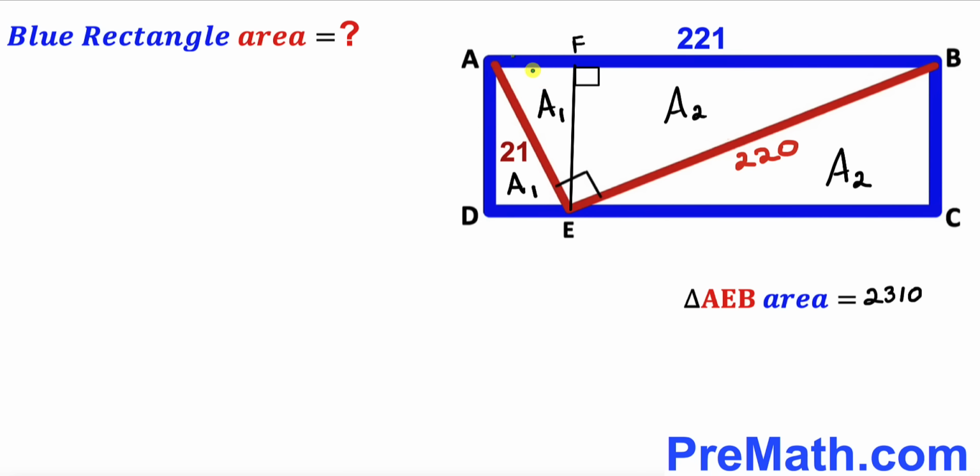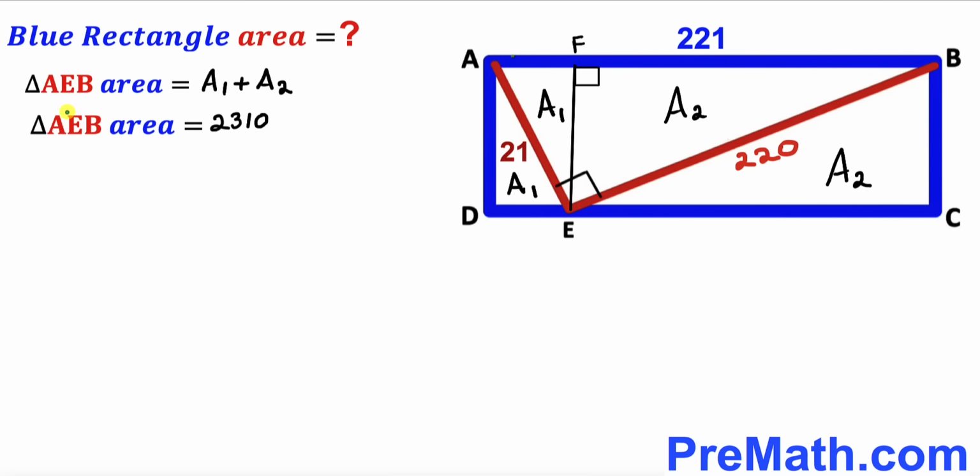Let's make an observation: the area of right triangle AEB is A sub 1 plus A sub 2, and the triangle AEB area is 2310 as well.